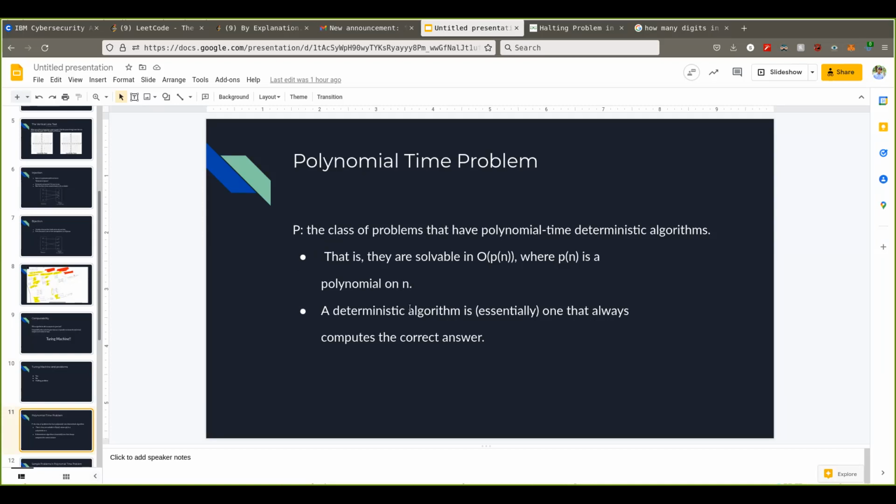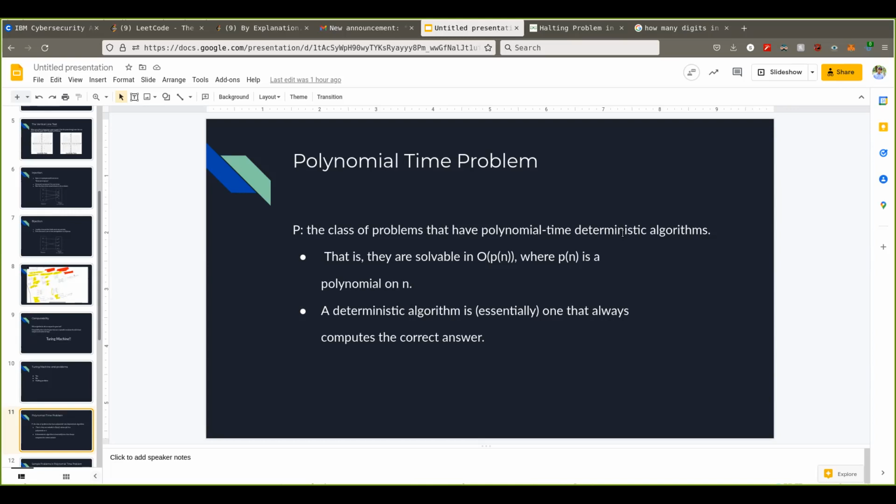Yeah, thanks, Siddharth. So we can broadly classify problems into two types: decidable problems and undecidable problems. What are decidable problems? If there exists an algorithm to solve the problem, we call that problem decidable. And if there does not exist any algorithm to solve the problem, we call it undecidable.